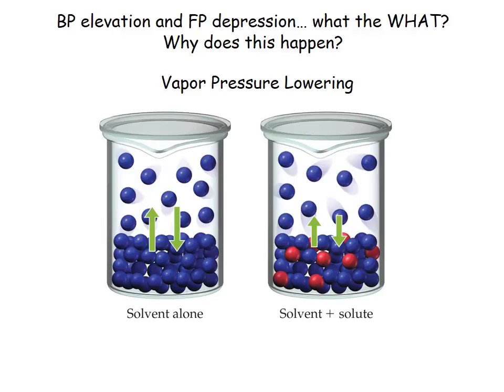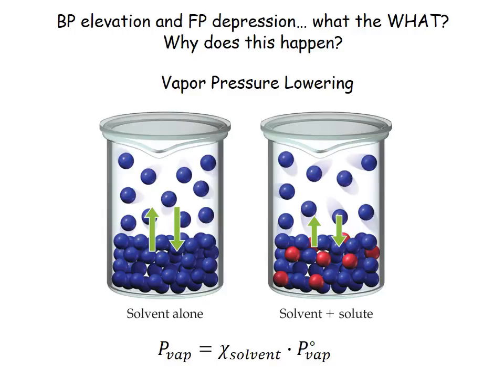The more solute particles that are present, the more they get in the way of the solvent at the surface escaping into the vapor phase. And so the more solute particles we have, the more they will impede the vaporization of solvent, because they physically get in the way of those particles being at the surface. So the vapor pressure is lowered whenever you have a solute dissolved in the solution.